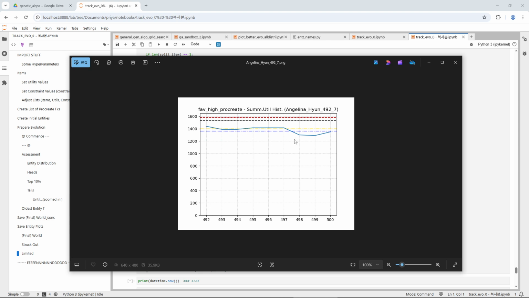This one also stayed at about the same level, not that much of a difference over 9 generations. But the sad thing is, if they fall, they never actually recover.